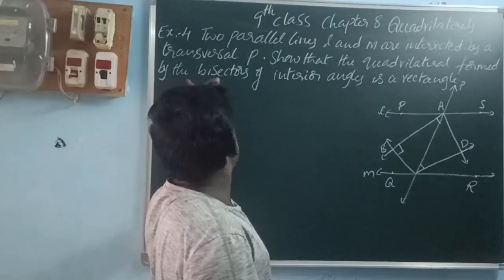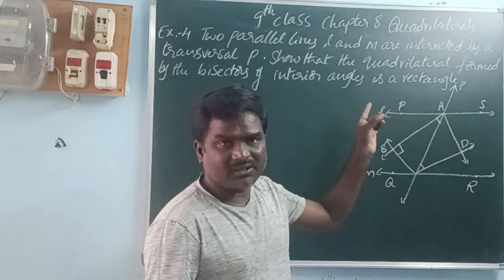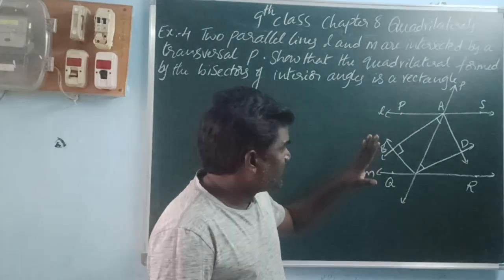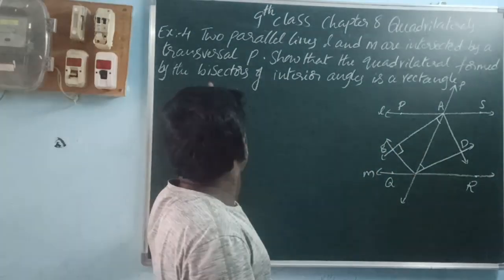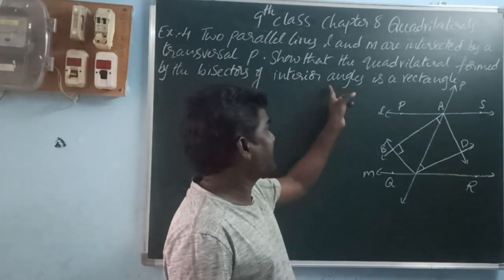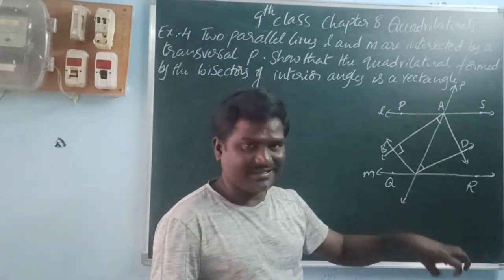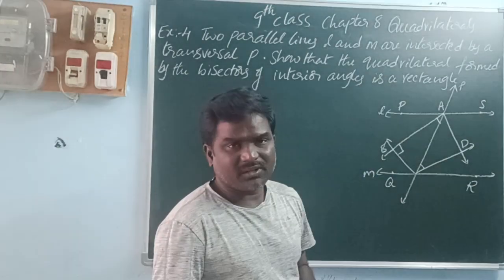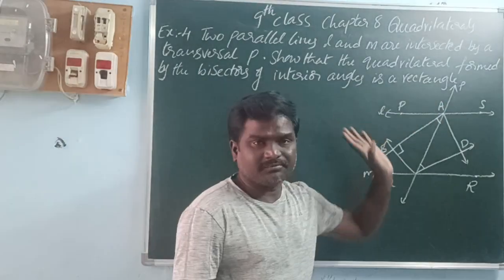In a quadrilateral there are four sides, and the bisectors of the interior angles form a rectangle.